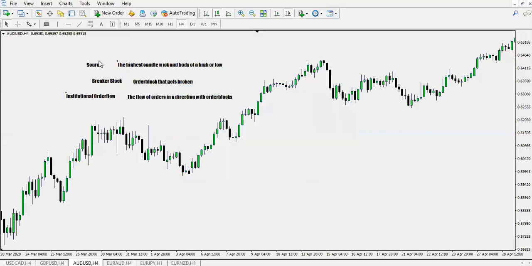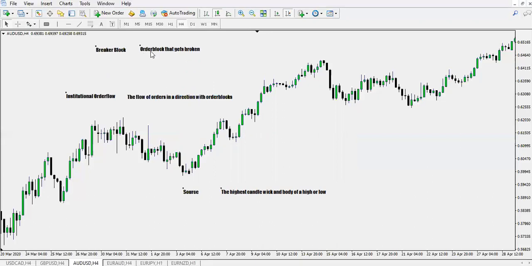Okay, so our source is the highest candle wick and body of a high or a low. Then we have our breaker block, and that is basically an order block that gets broken.